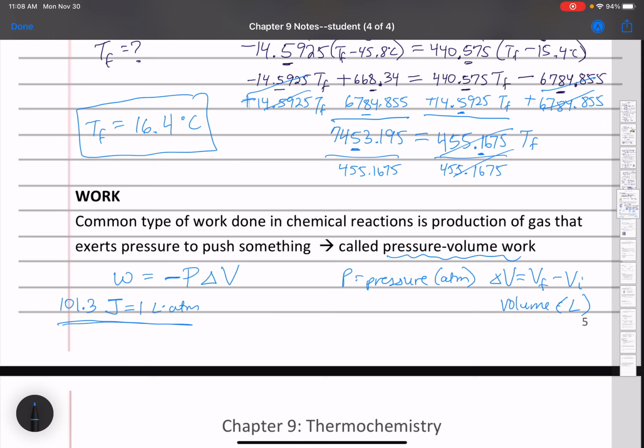So work is done on the system if you're reducing the volume, and work is done by the system if you're increasing the volume. So the sign of delta V is going to determine the sign of work, just like the sign of delta T determines the sign of heat.